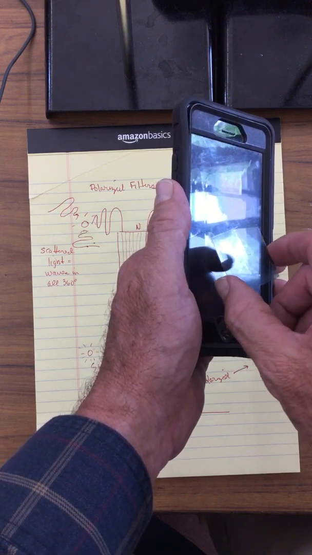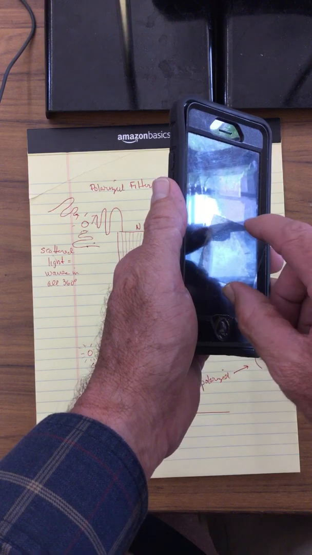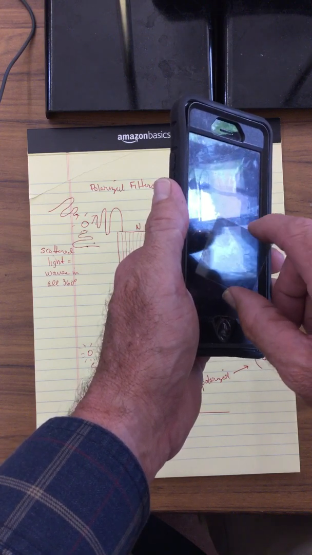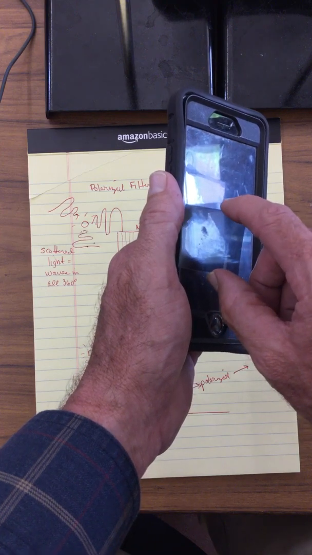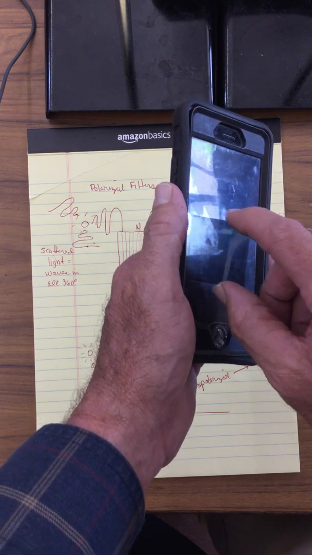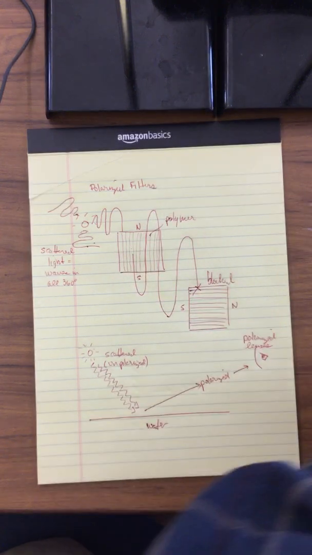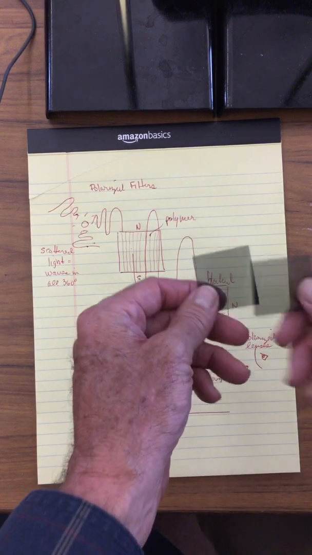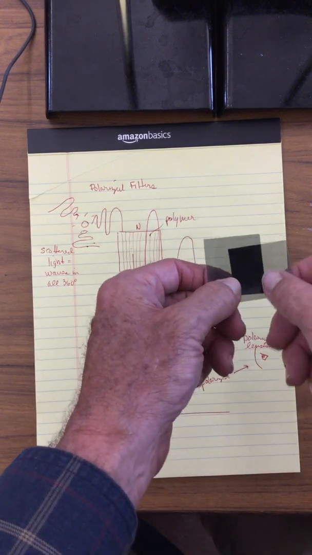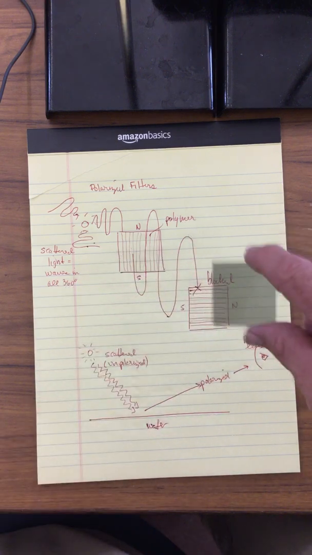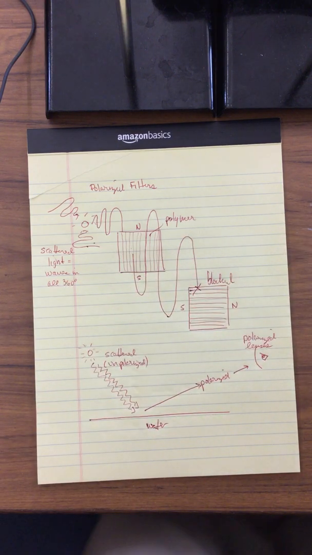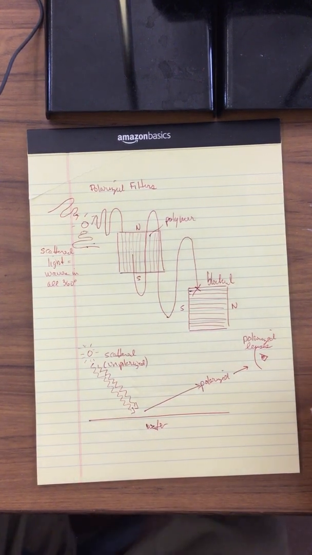More light comes through, less light comes through. More light comes through, less light comes through. So we actually don't need two of those filters to block the light. We only need one of these and a reflection to help block the light.